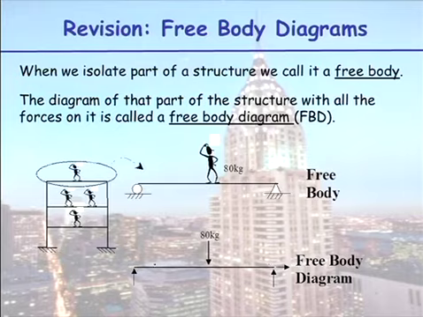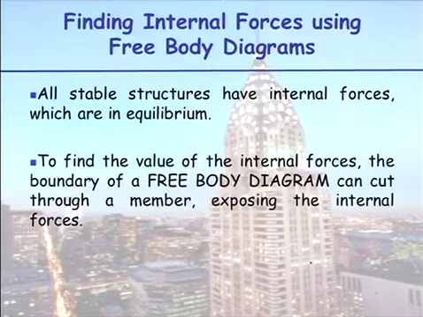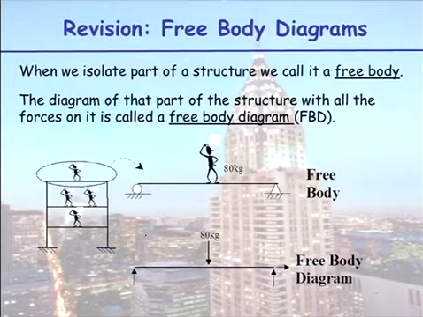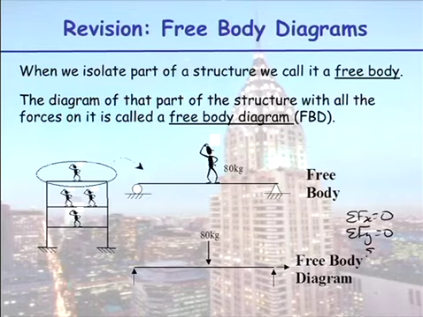Then we redraw our diagram with all the forces on it. Where we had our roller, we draw our one restraint. Where we had our pin, we draw our two restraints. And of course, this system now is stable, it's in equilibrium, so we can just use our three equilibrium equations to solve for our three unknown reactions.